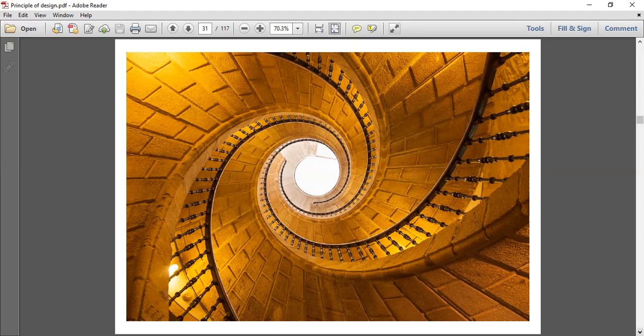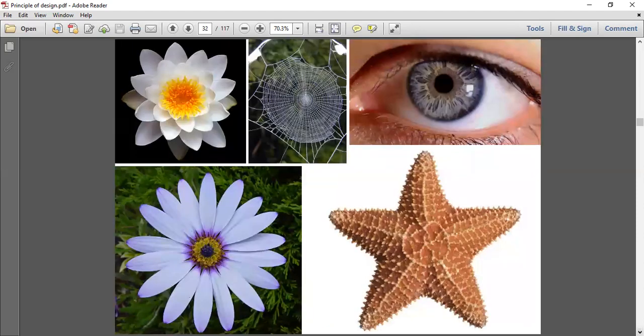The spiral staircase is again a best example of radial balance, followed by some examples from nature. Over here, we have this eye. The cornea of an eye is the central point, and everything moves around and is situated along it. That is one of the best examples of radial balance. A spider web is again one of the best examples, as are a starfish and a flower with a proper arrangement of petals.